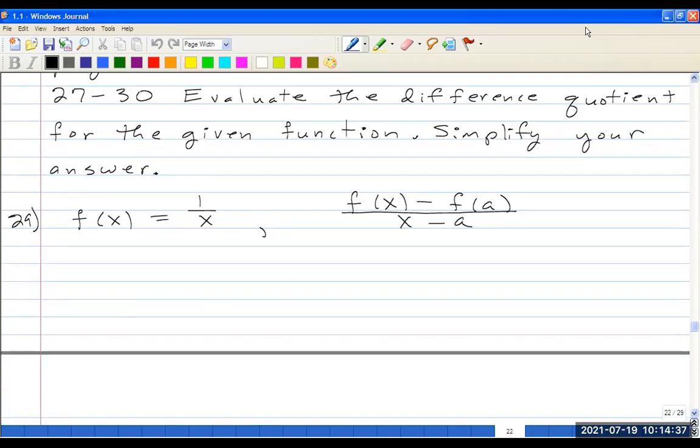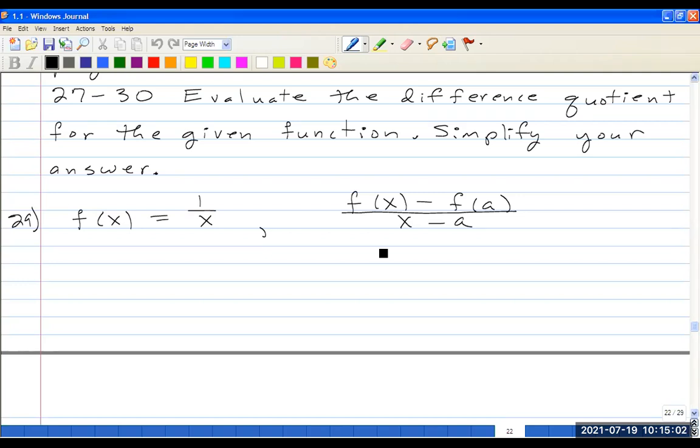Simplify your answer. So problem number 29. f of x is equal to 1 over x. And my difference quotient is f of x minus f of a over x minus a. Okay, good. This gives us some practice in functional notation.